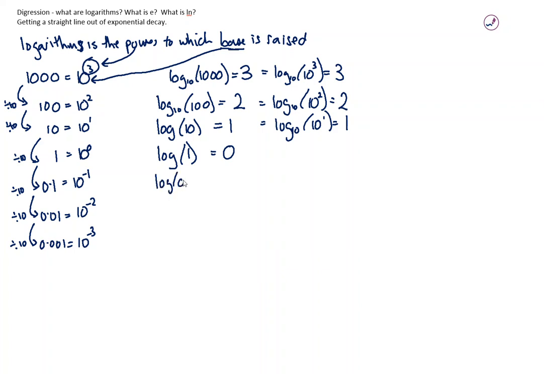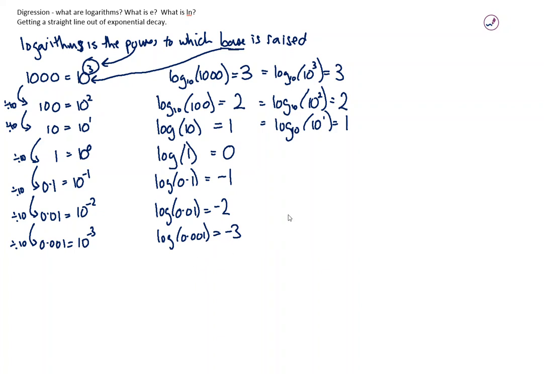Log of 0.1 is the power to which the base is raised, that's minus 1. Log of 0.01 is the power to which the base is raised, and so on. So the log is the power to which the base is raised.